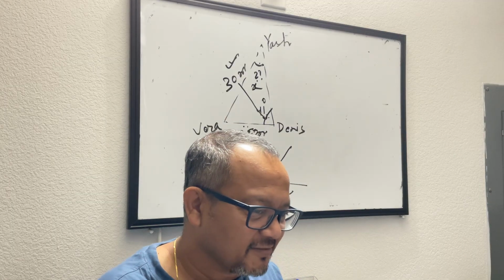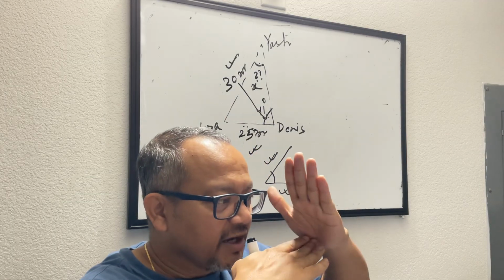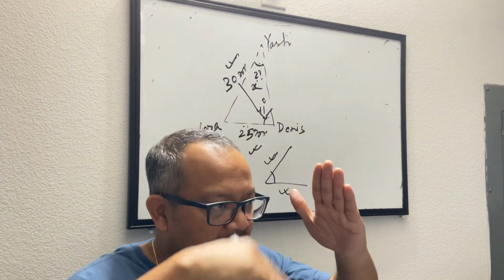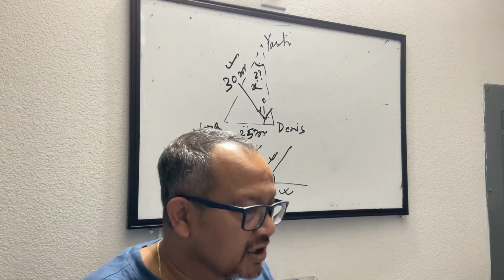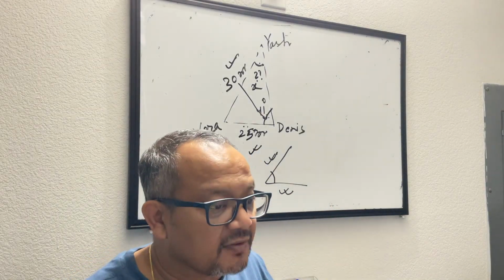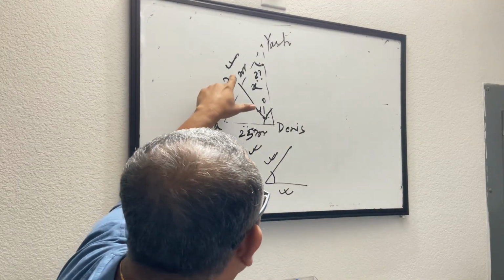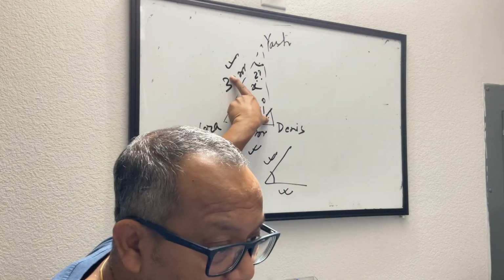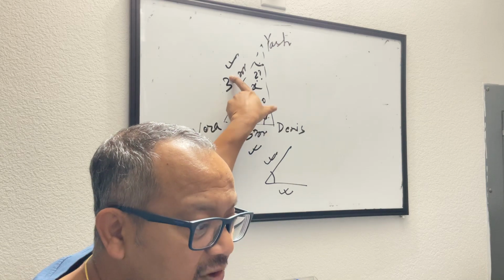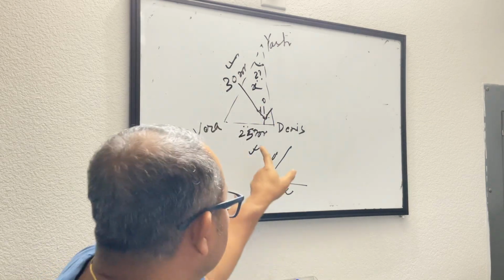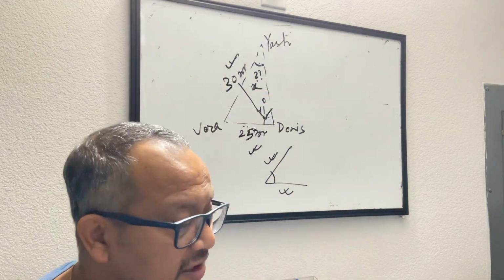Yeah? When you have two sides and the angles opposite to both the sides are not known to you, then you are better off using law of cosine. If you have any of the side and angle combination known to you, then you are better off going for law of sine. So here in this case, you are better off using law of sine.